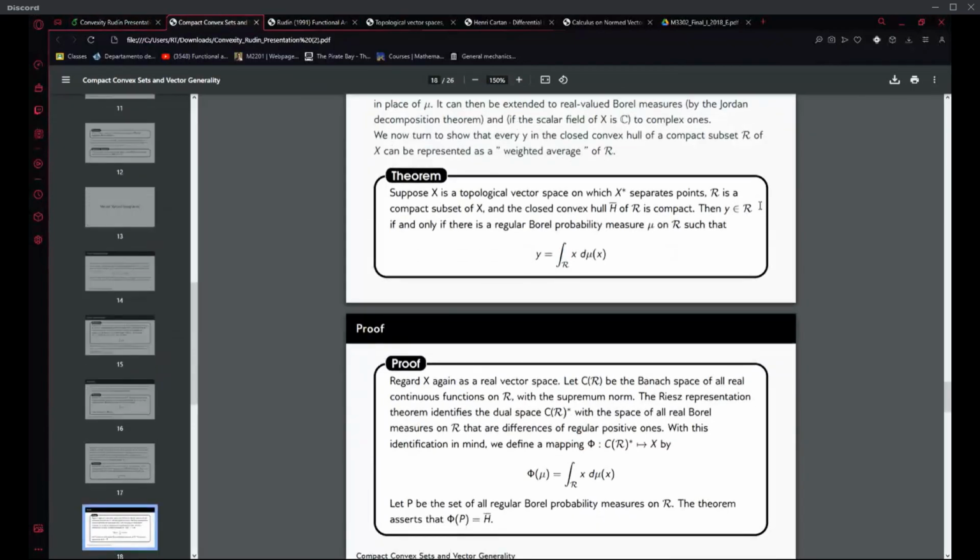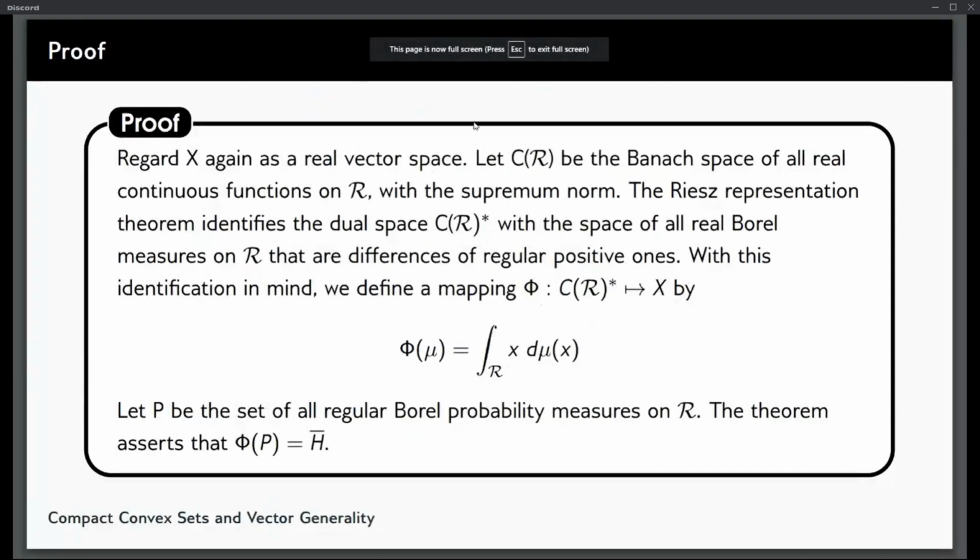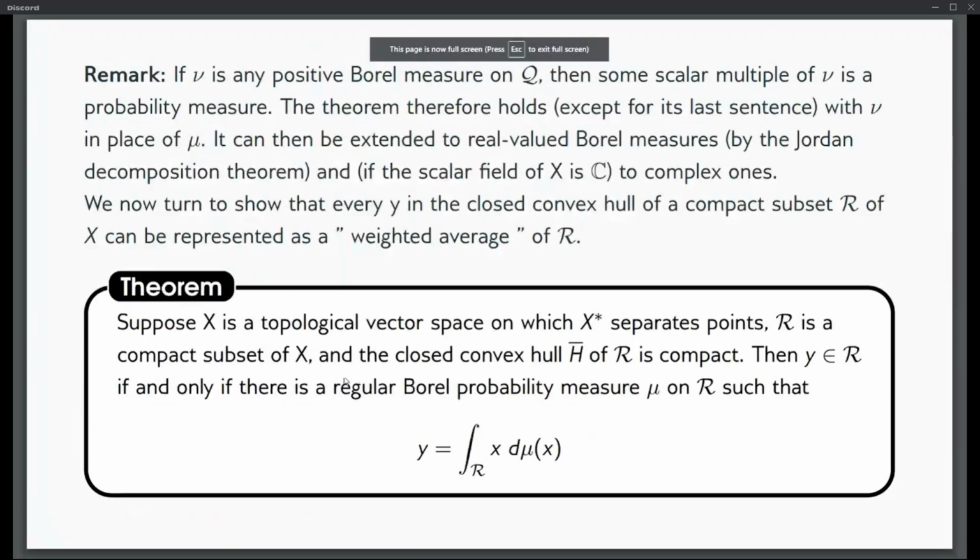This is not R, this is H bar here. So y is going to be in H bar, the closed convex hull of R, if and only if there's a regular probability measure mu on R such that y is equal to the integral of x d mu. So it's basically as here, the weighted average of R. So, a small detail I'll fix after the meeting.